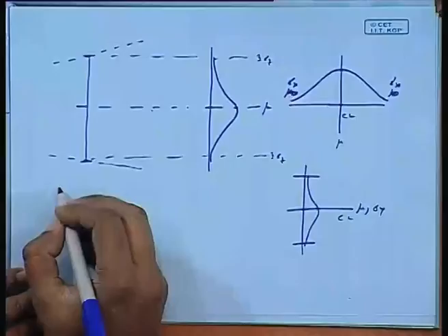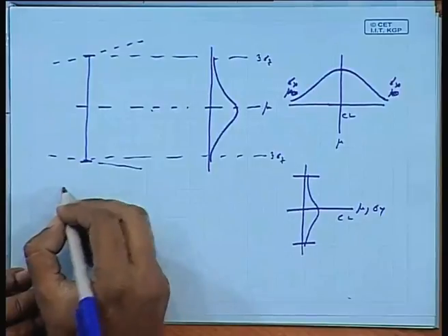The Gaussian plume would be considered like this, and there are other assumptions.